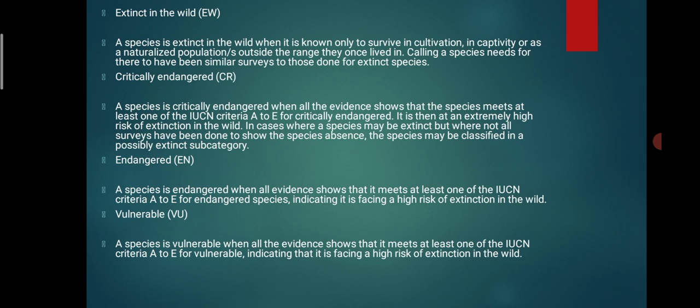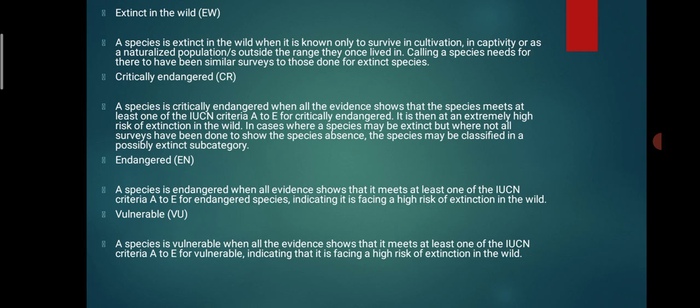Then critically endangered. A species is critically endangered when all evidence shows that the species meets at least one of the IUCN criteria A to E. It then has an extremely high risk of extinction in the wild, that is considered as a danger.